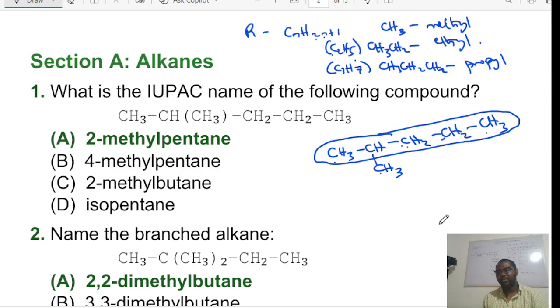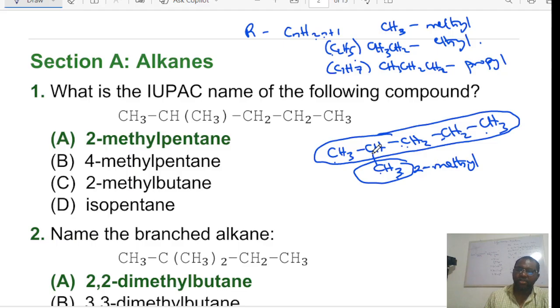Now, after selecting the longest chain, you will notice some things attached to it. The only substituent attached here is this CH3, and the name of this substituent is called methyl. Methyl is at position 2 of this carbon chain, so I'm going to call it 2-methyl.